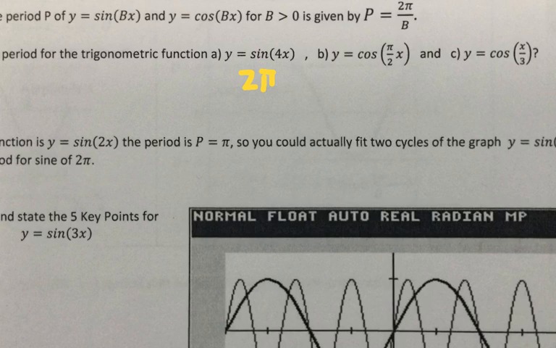Horizontal. Okay? My x is being multiplied. Does everybody see that? It's being multiplied. Is that inside or outside? Inside. So on the inside, it does what? It does the opposite of what you think. It does the opposite of what it looks like it should do. So right here, x is being multiplied by 4. So what's that going to do to my period?